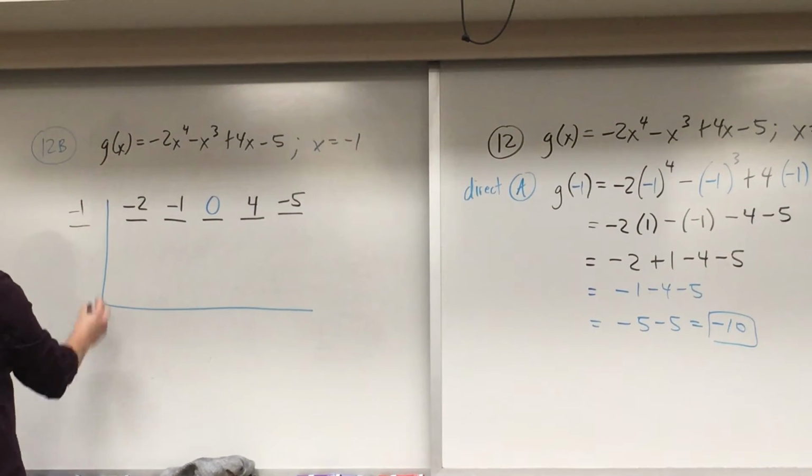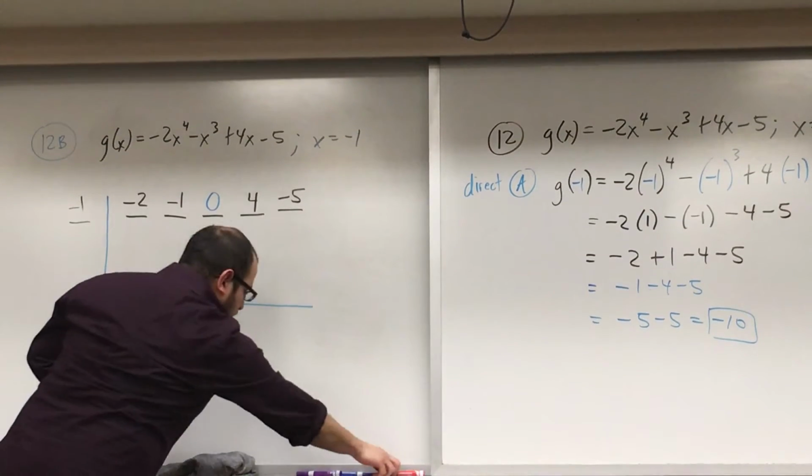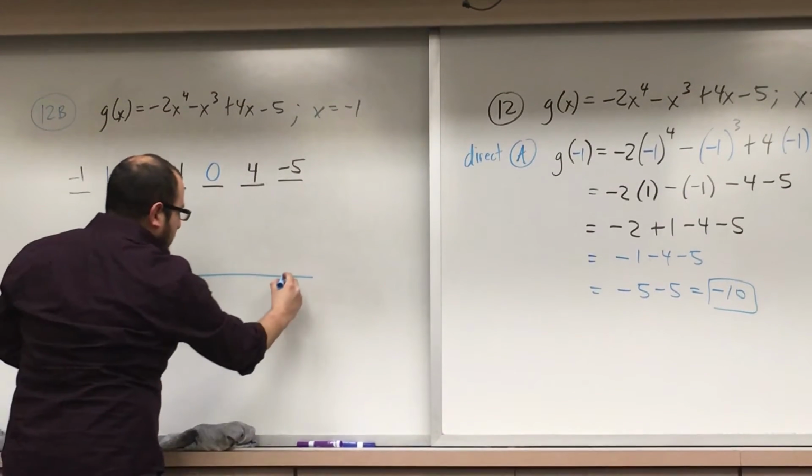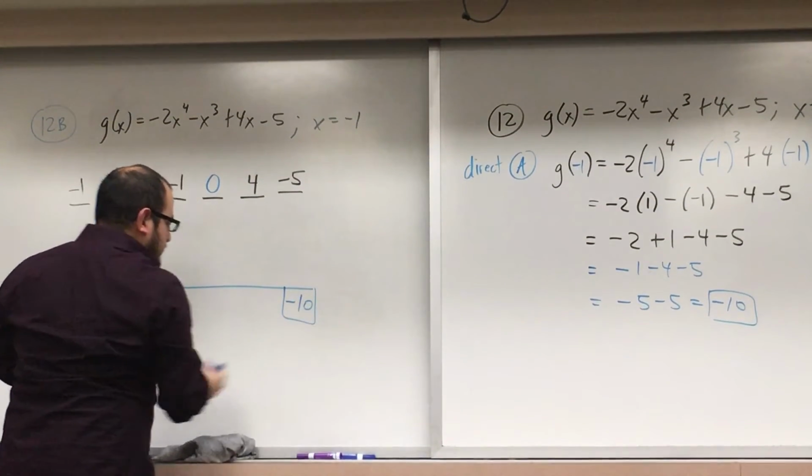Then we have -1 on the outside. Remember that we're multiplying and adding. Since I already know my answer, this should be -10. Okay?